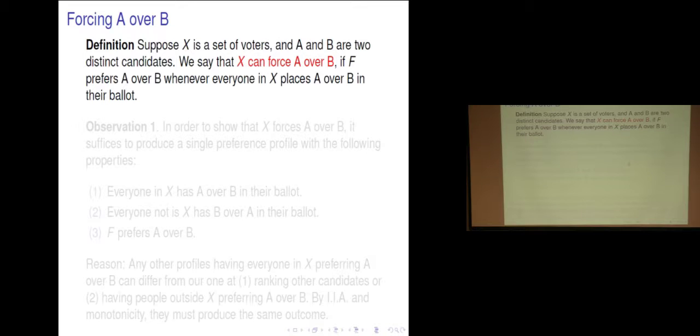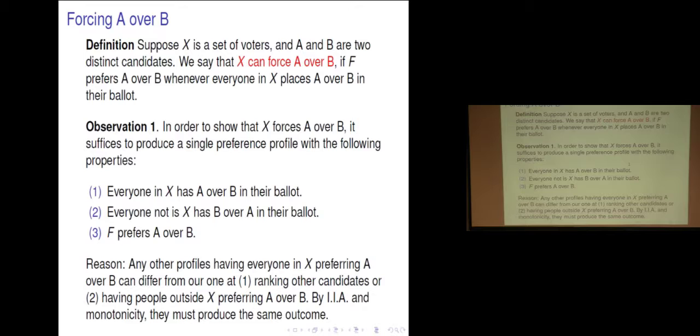Suppose everybody in this room prefer Mr. A, then the whole Singapore will prefer A. So in that case, this X can force A over B. Is it clear? So let me try again. Whenever everybody inside X plays A over B, then F, the system we are talking about, will go with X. We'll say A is over B. So this is the definition.